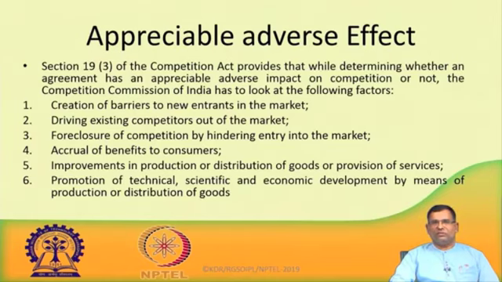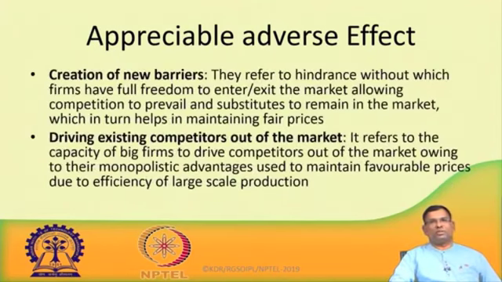Then promotion of technical, scientific and economic development by means of production or distribution of goods. So, if you have illegal collaboration for any of these kinds of activities, it will be considered an appreciable adverse effect on competition, which is prohibited under the Competition Act. And also this creation of new barriers.